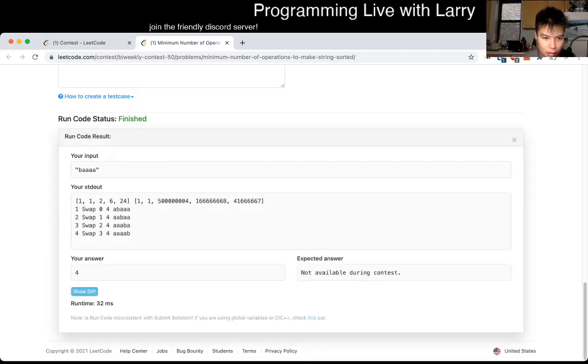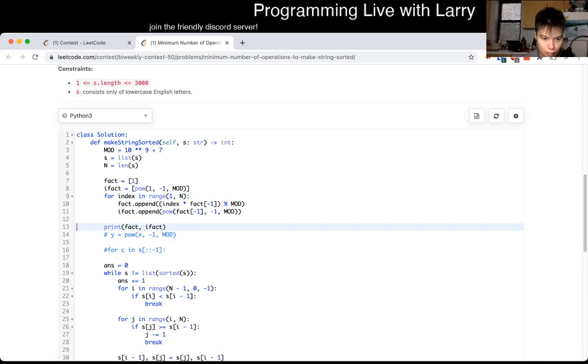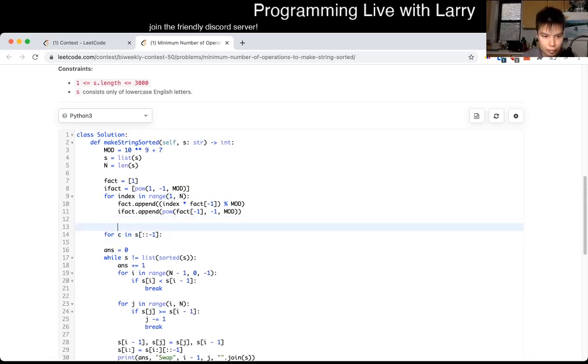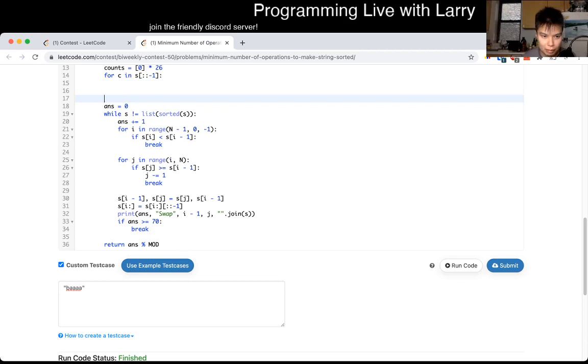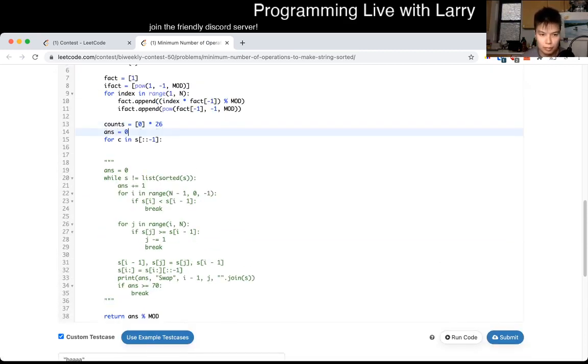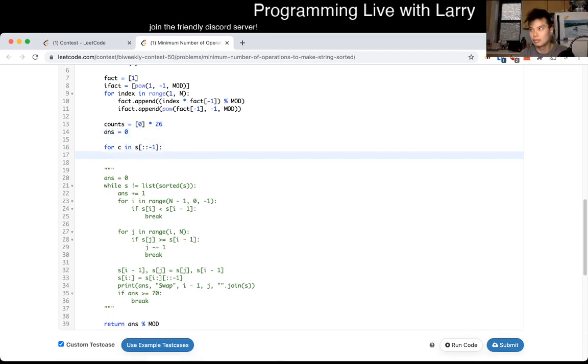Okay, that looks roughly right. I forgot this by accident. So we assume everything after this is sorted.